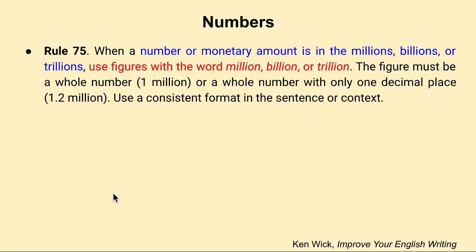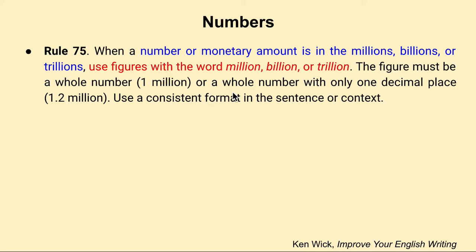So on to Rule 75. When a number or monetary amount is in the millions, billions, or trillions, use figures with the word million, billion, or trillion. The figure must be a whole number, like 1 million, or a whole number with one decimal place, like 1.2 million. Use a consistent format in the sentence or context.